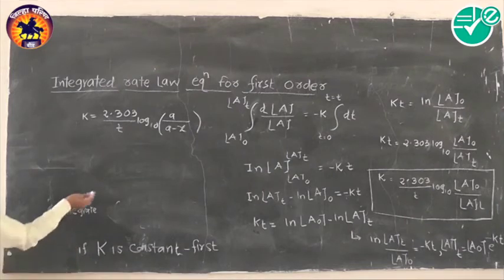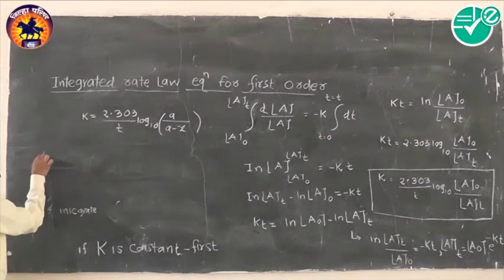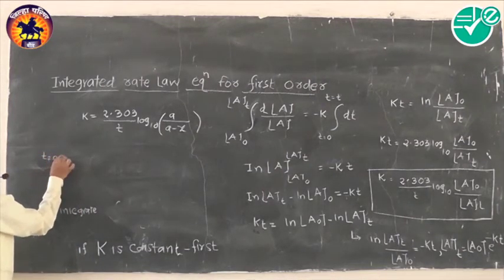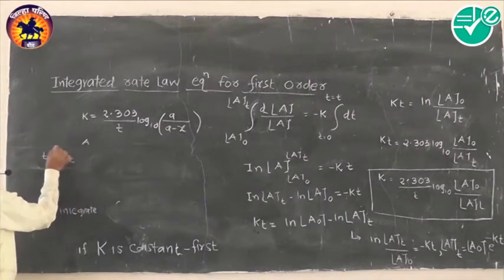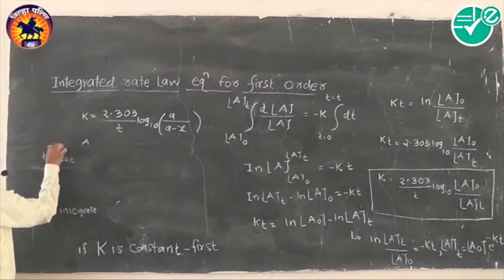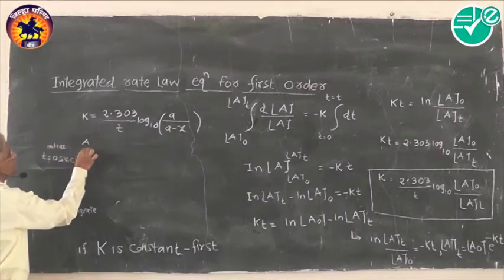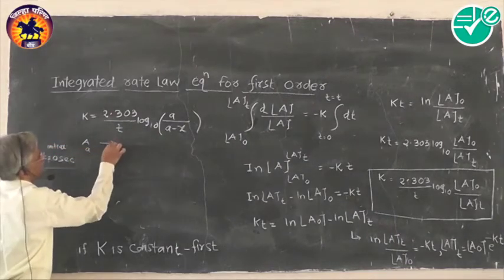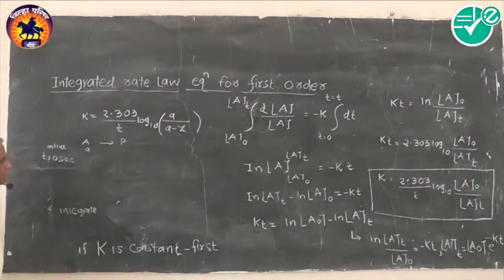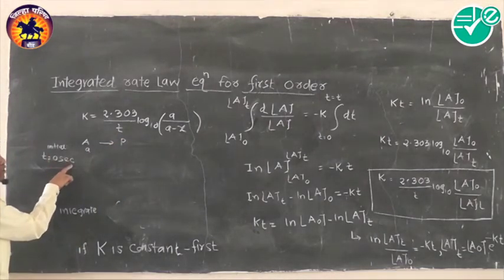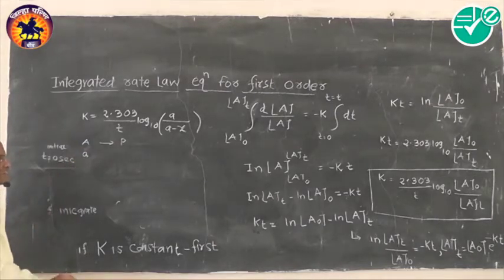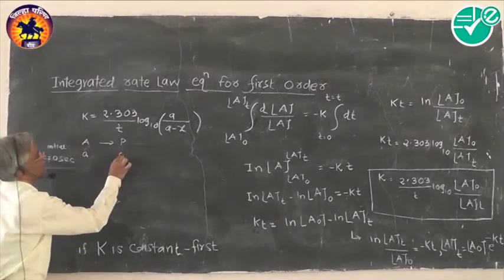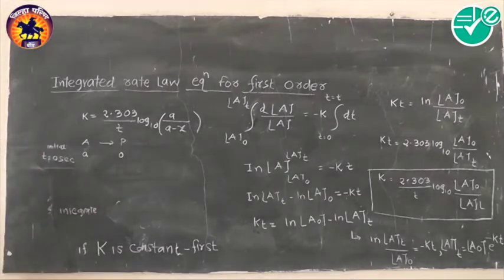How? Suppose we have a time t equal to 0 seconds, and say we have some reactant A and its initial concentration is a, and it is converting into B. At time t equal to 0, we will only have the concentration of the reactant A and the product will be equal to 0.